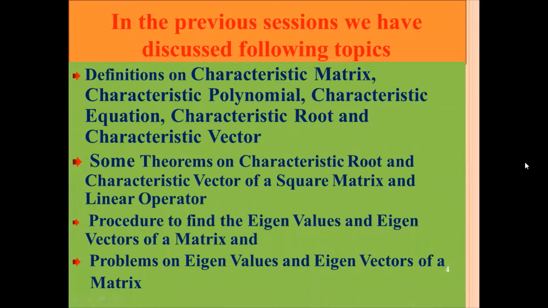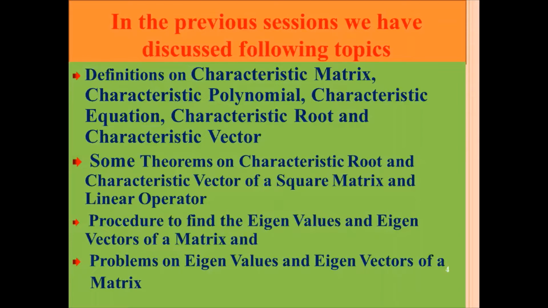Now, in the previous sessions, we have discussed the following points. Definitions of characteristic matrix, A minus lambda I; characteristic polynomial, determinant of A minus lambda I; characteristic equation, determinant of A minus lambda I is equal to 0; characteristic root, lambda.